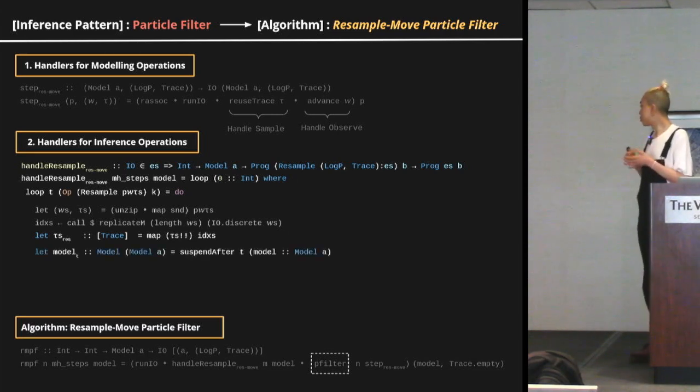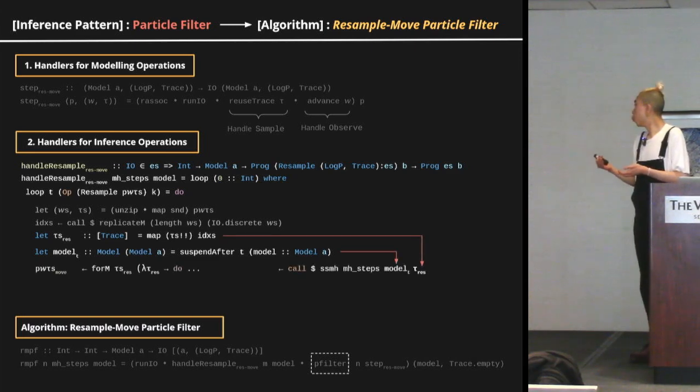Then I'll use something called suspend after. This takes the original model and returns a new version that suspends at observation t. The reason I'm doing this will become clear in the next step, where we'll use it to apply Metropolis-Hastings to each resampled trace.